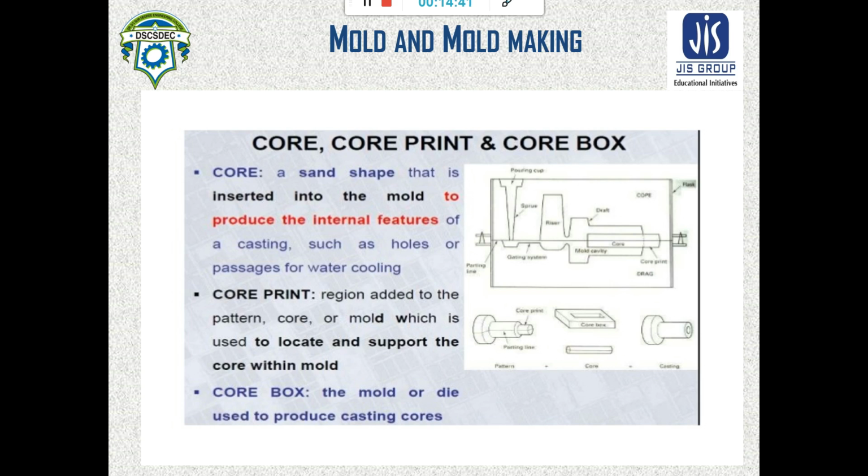So the main function of the core print is to locate and support the core within the mold. And the core box is the mold or die that is used to make our casting cores.